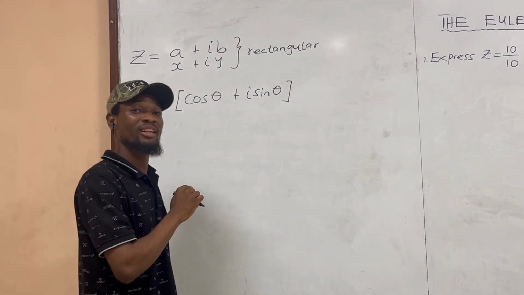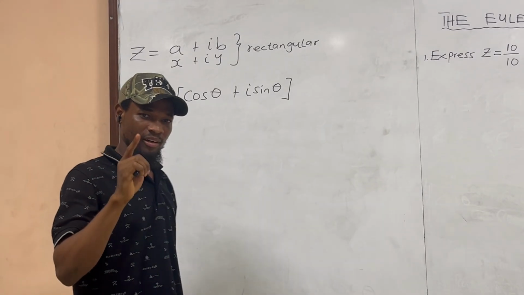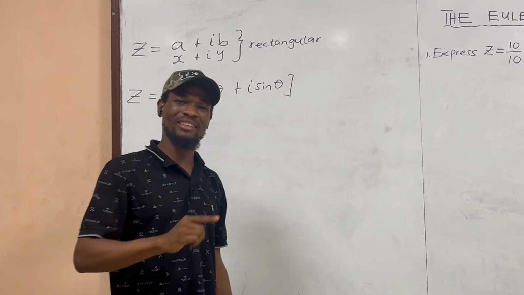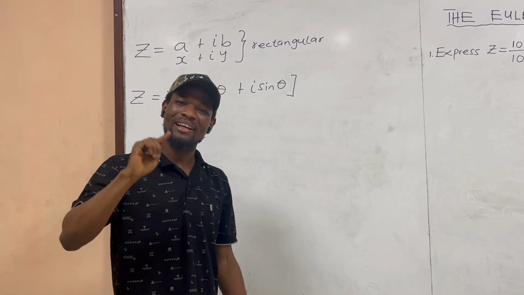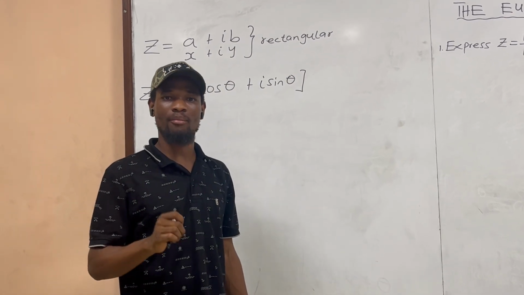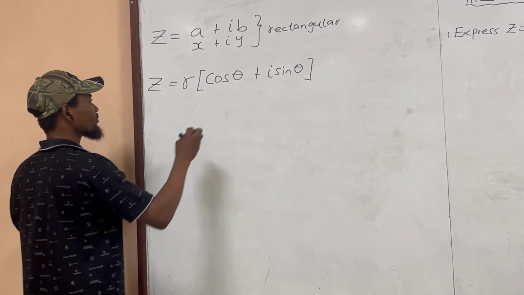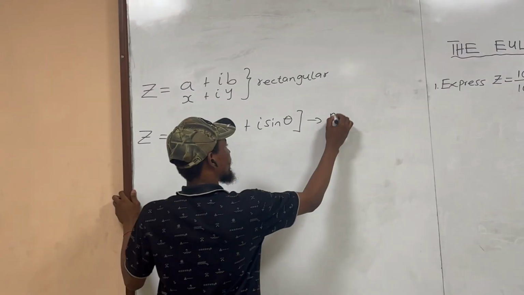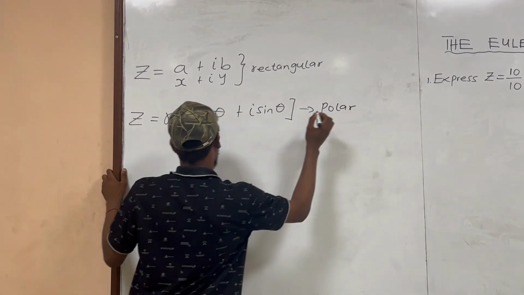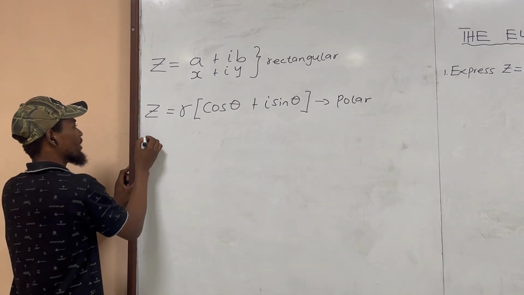If you want to appreciate this, kindly visit my previous lectures where I've dealt with the Argand diagram or the complex plane in detail. So this is the polar form of representing complex numbers.